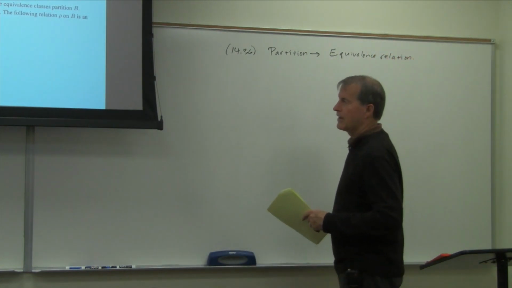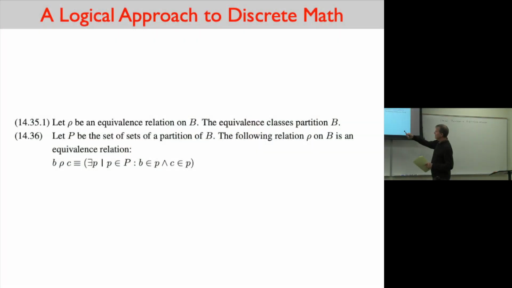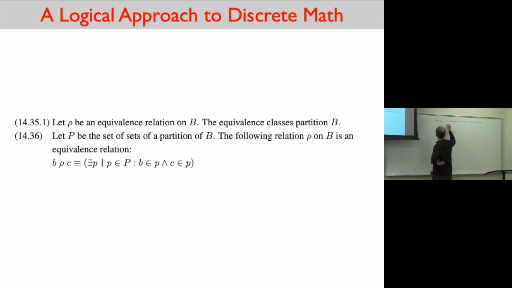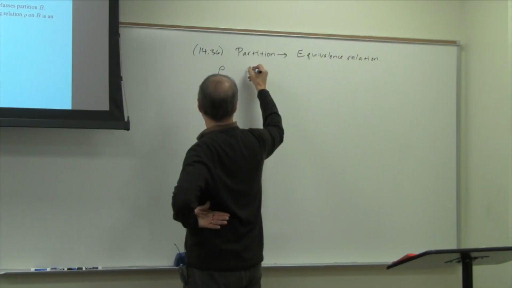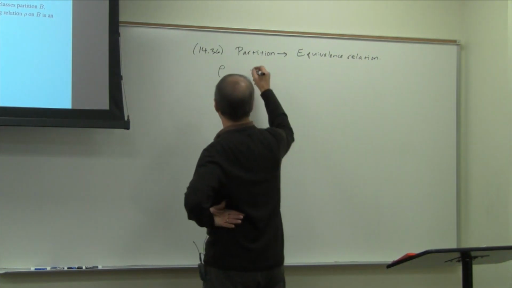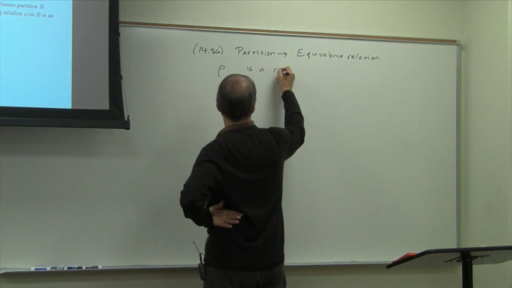Okay, and now you've got to be careful here. This is a little tricky to read, but notice that here we have a little p. Now little p is not little rho. Rho is a relation.